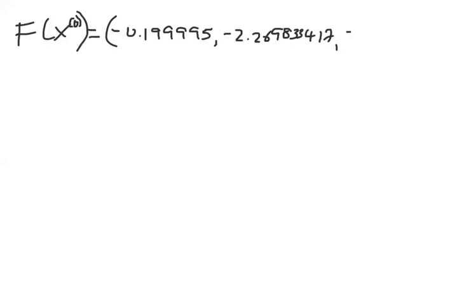And lastly, 8.462025,346. Okay. So like I mentioned, we can avoid writing these long numbers by rounding it off to a given number of digits. But in this case, let's take them the way they are.